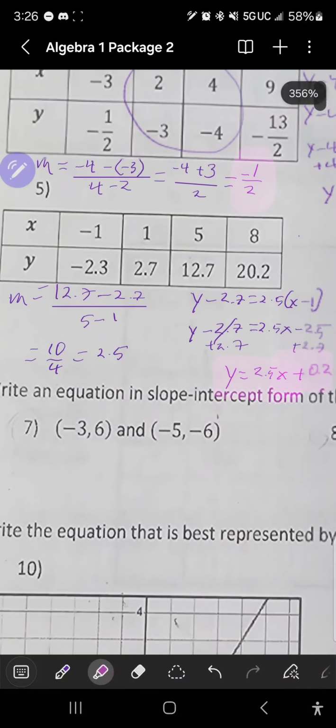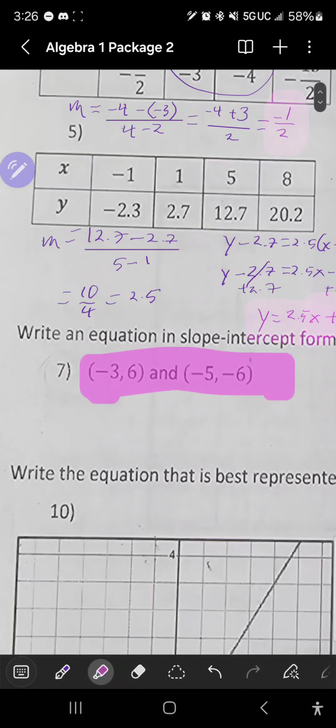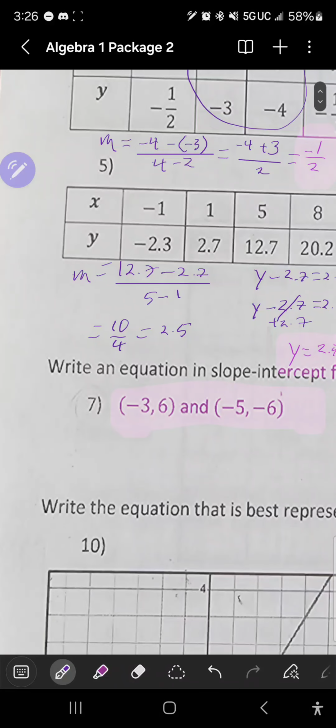Now we have 2 points, and that's all we need. So we calculate the slope. It's basically what we did from the first 6 exercises. We have m equals negative 6 minus 6 over negative 5 minus 3.